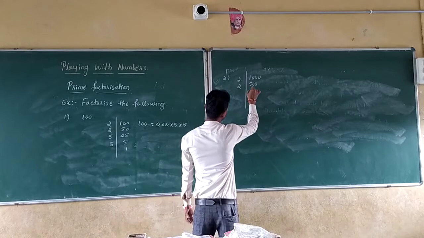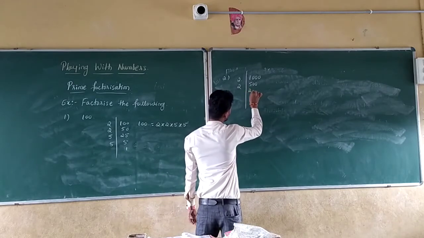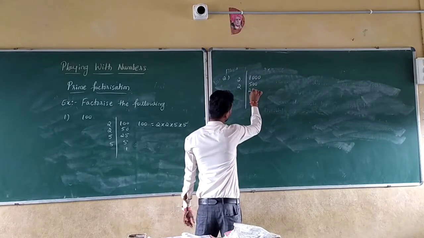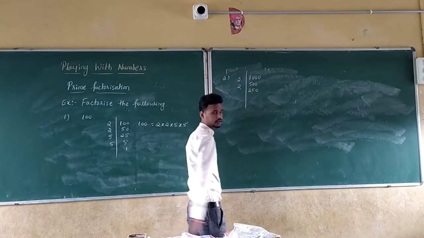Next 2 twos are 4, 1 remains, it becomes 10. 2 fives are 10, 0 remains.